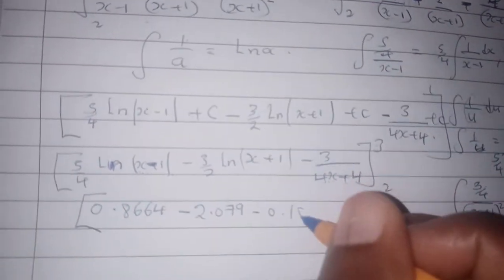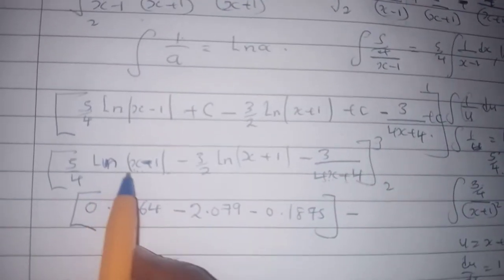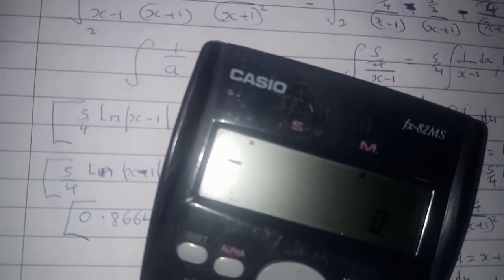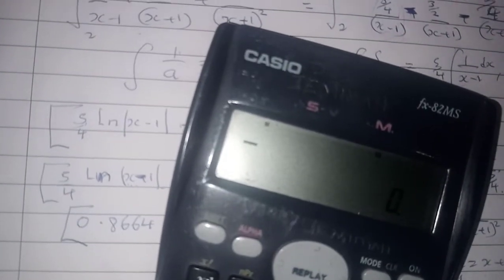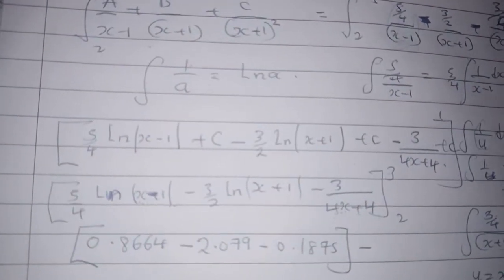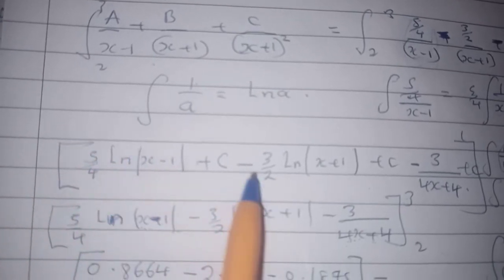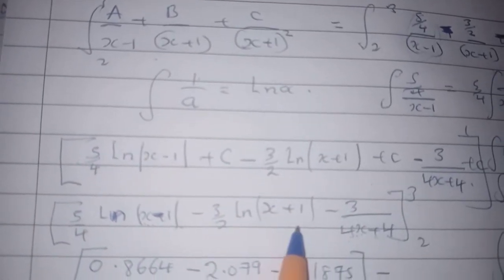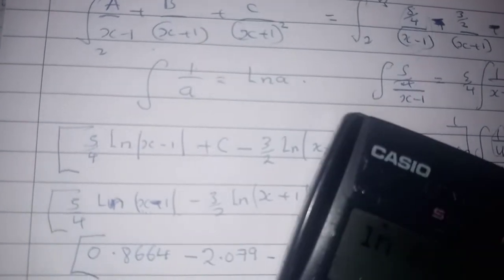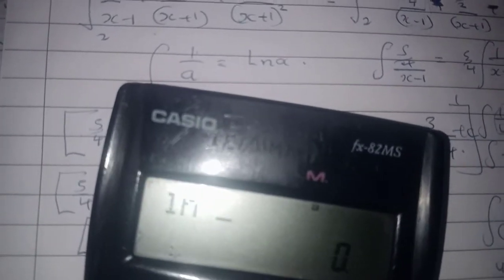Minus the function when you substitute with 2. 2 minus 1 is 1. Just key in natural log of 1 equals 0. So the whole of this function becomes 0. Let's go to the other one. So 2 plus 1 is 3. So natural log of 3 equals 1.0.